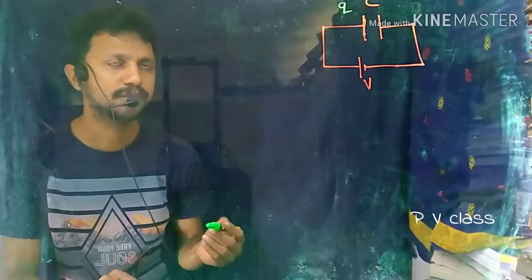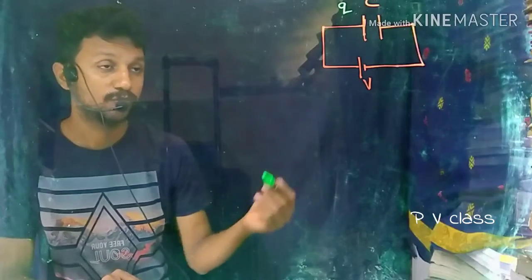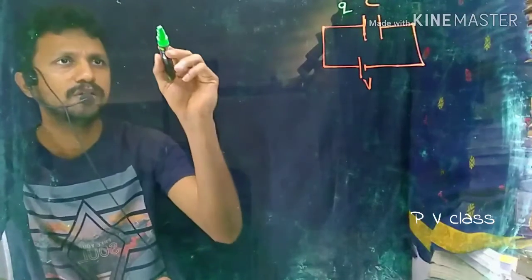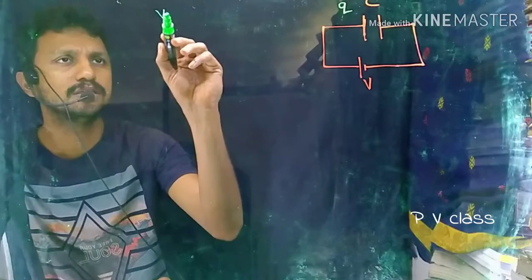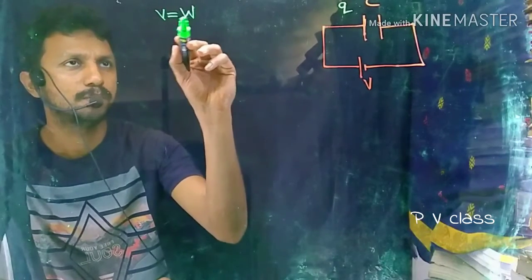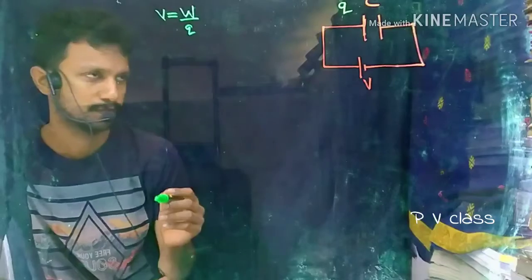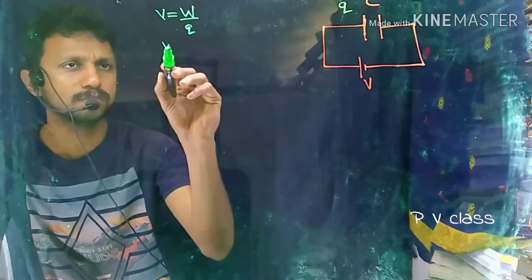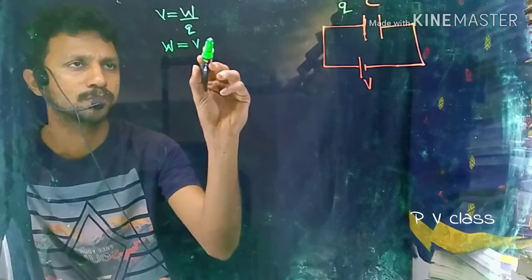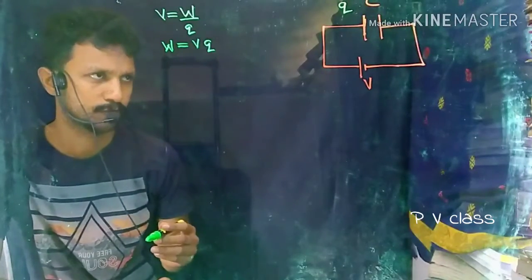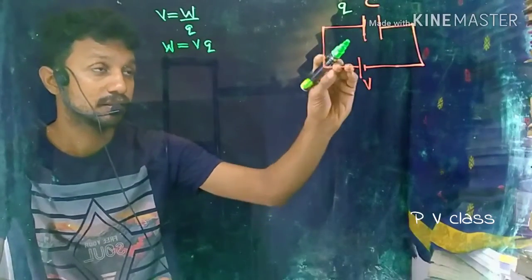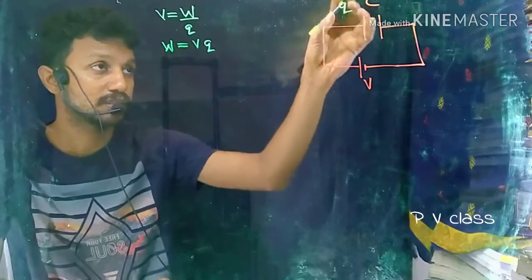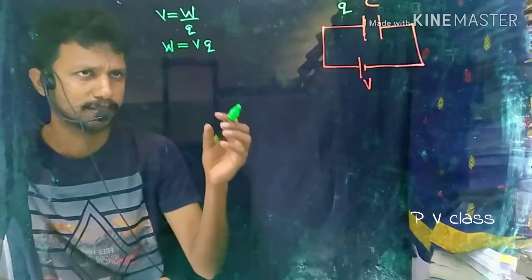Okay. Then let's go for the basic definition of potential. We have learned potential as V is equal to W by Q. And from this we could write W is equal to V into Q. In this case, the initial charge is 0 and the final charge is Q, and the charge is accumulating inside the capacitor.